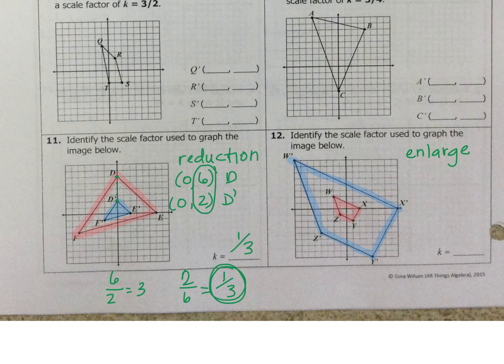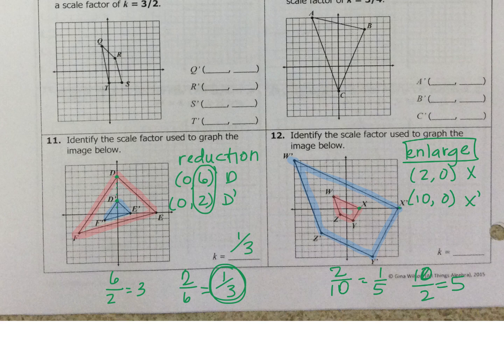I'm going to pick X. So X is at 2, 0, and X prime is at 10, 0 right here. So now I need to make a fraction. I can say 2 over 10, that's 1/5, that's really small. Or I can say 10 over 2, which is 5. To have an enlargement, it's got to be bigger than 1. So our K is going to have to be 5 right there.